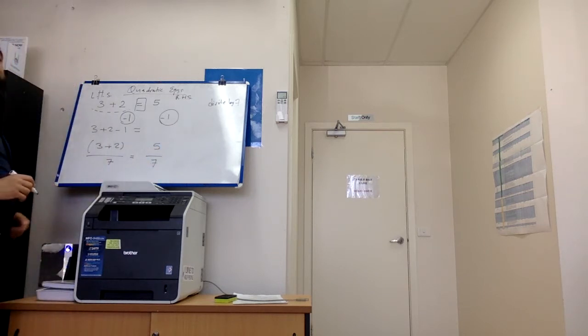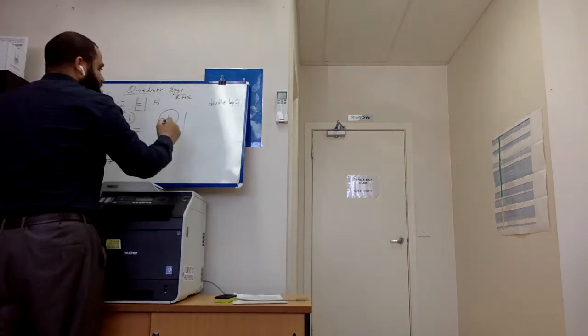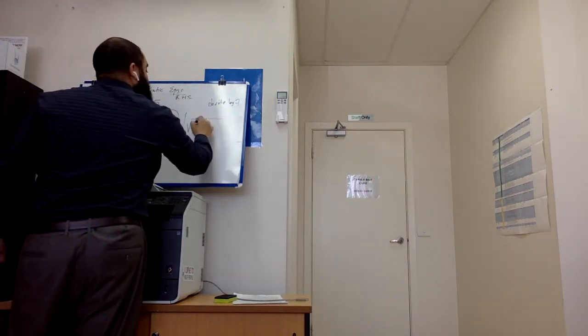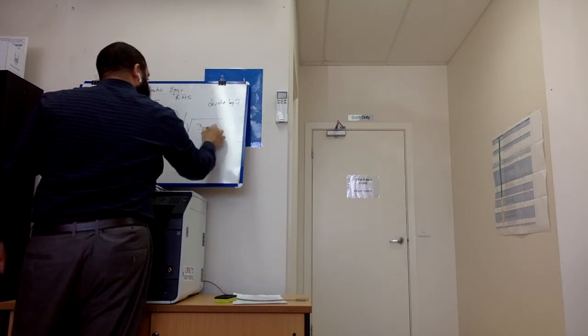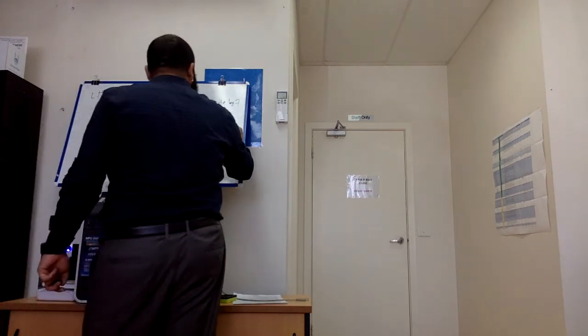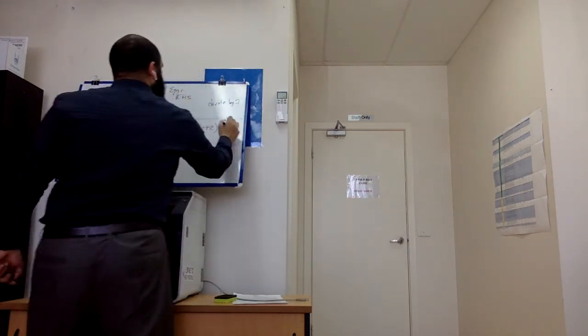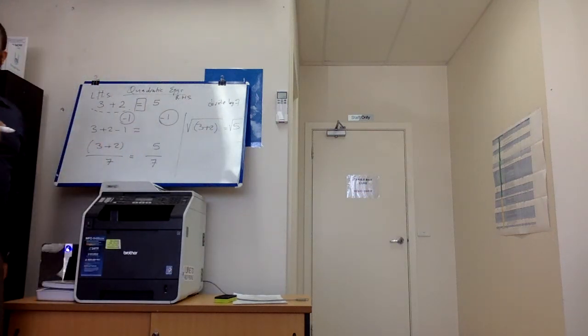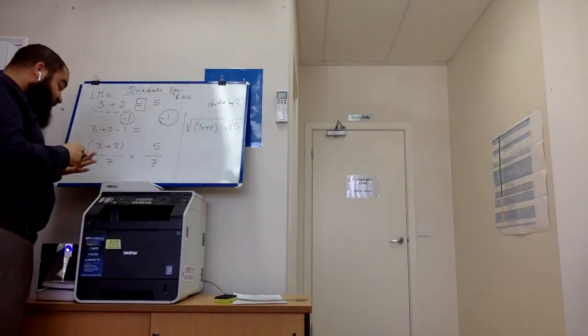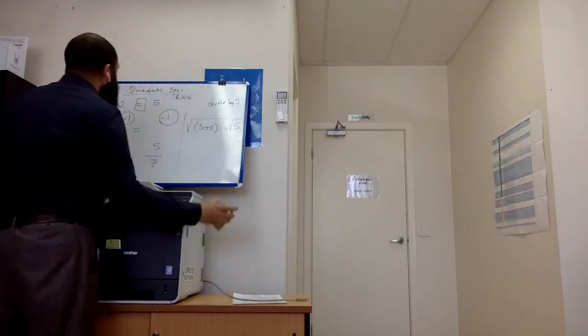If I need to take the square root of both sides, I say the square root of 3 plus 2 as a whole equals the square root of 5. So whatever I do on the left-hand side, I must do on the right-hand side, so that the equation is still valid and both sides are really equal. And I think this is logical.